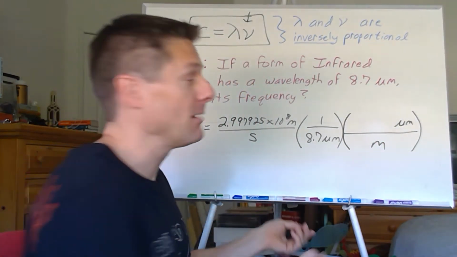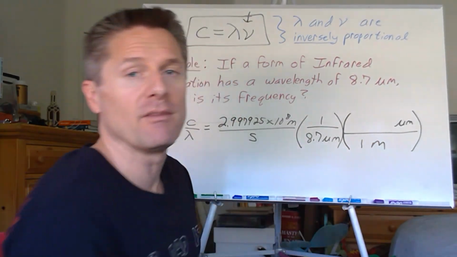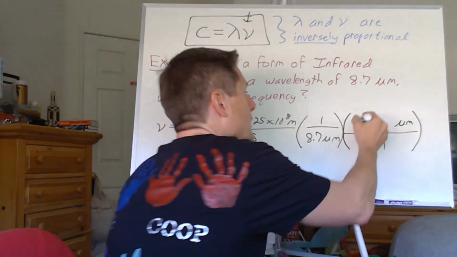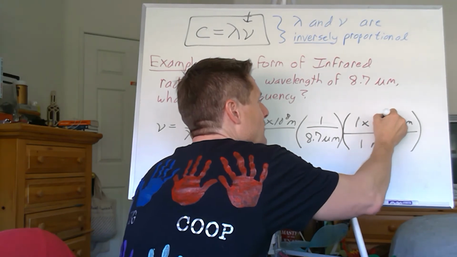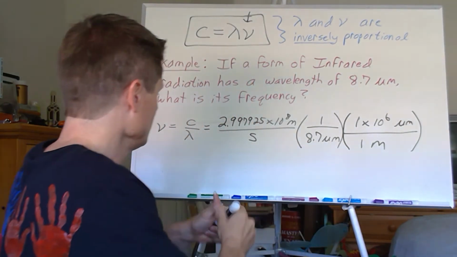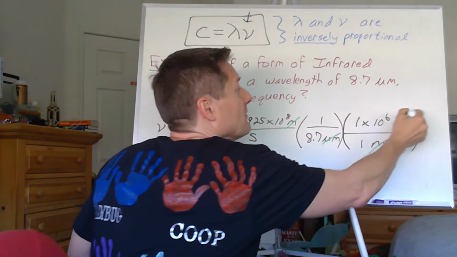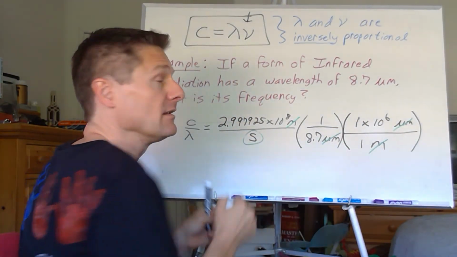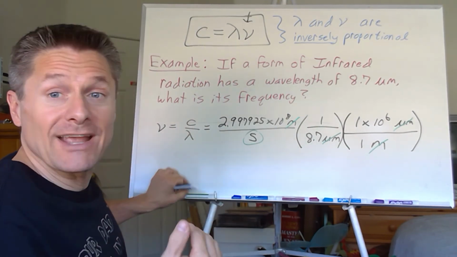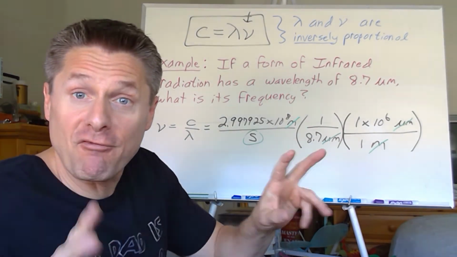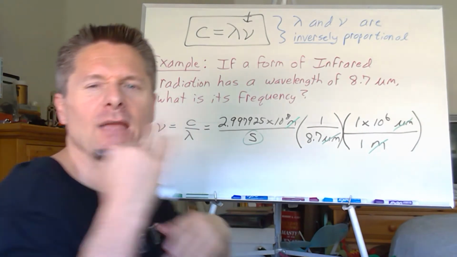Now, a meter is bigger than a micrometer, so I like to put a 1 in front of the bigger one, and micro would be 1 times 10 to the 6th. And so that allows us to cancel meters on top, meters on bottom, micrometers on bottom, micrometers on top, leaving us with 1 over seconds or inverse seconds, and that's units of frequency, like cycles per second. We just do inverse seconds.